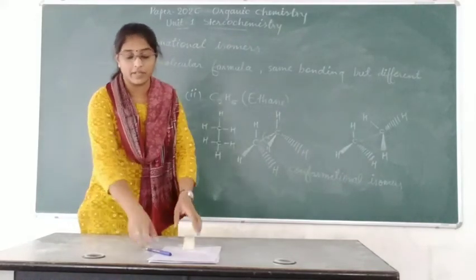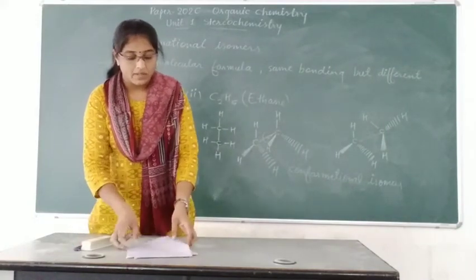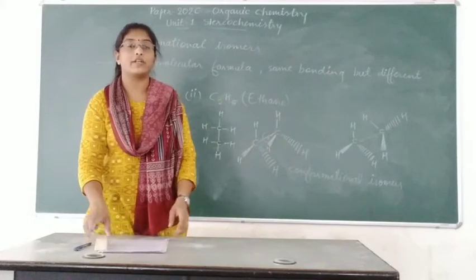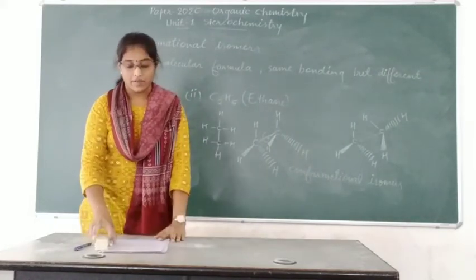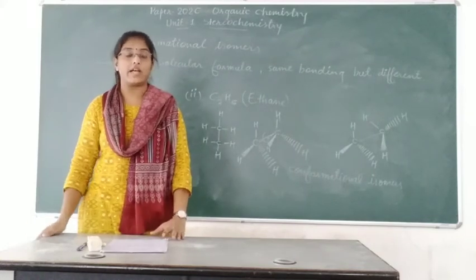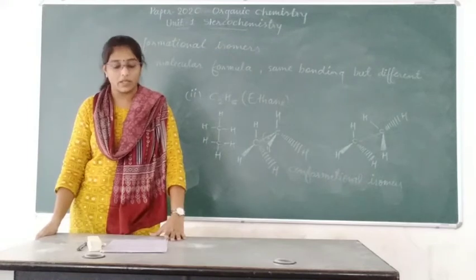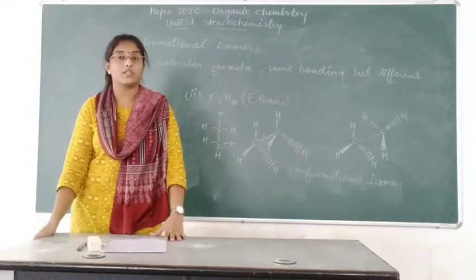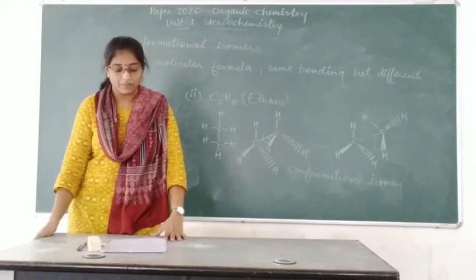So now here we have the definition of stereochemistry that I already told you: the branch of chemistry which deals with the three-dimensional arrangement of different atoms of a molecule with respect to each other in space is called stereochemistry.